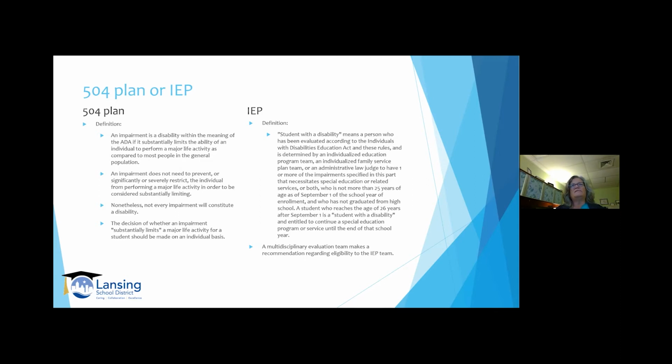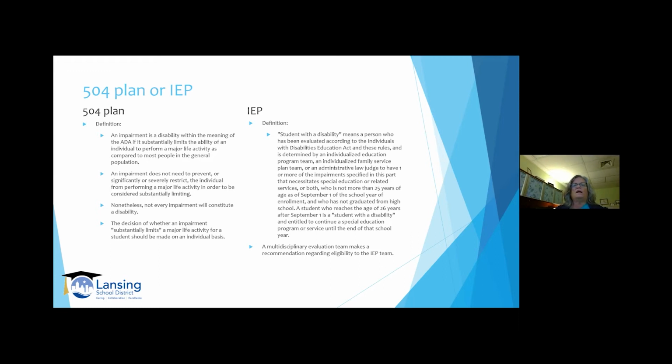So let's say, for instance, you have a hearing impairment and you need an accommodation of a different kind of phone, a phone that would give you extra sound, or a phone that might go into a hearing aid, or a phone that might display captions.